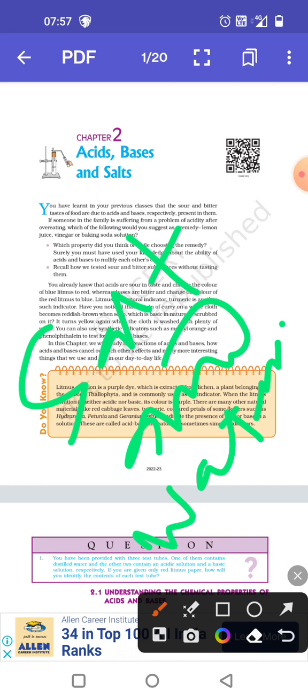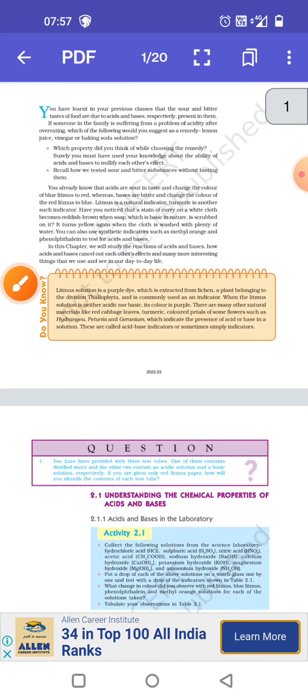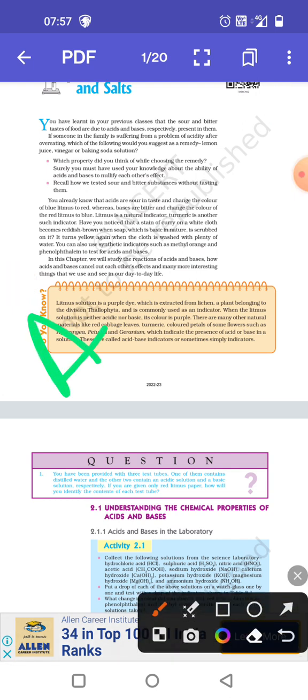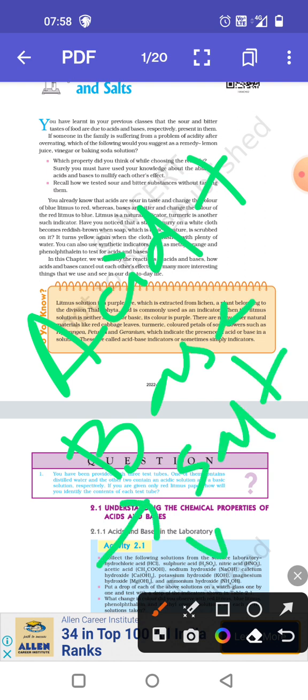In a neutralization reaction, acid reacts with base to form salt and water. This is your neutralization reaction.